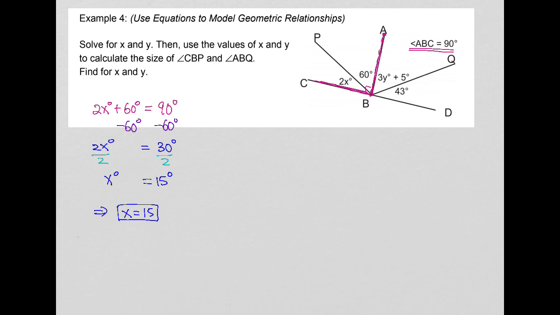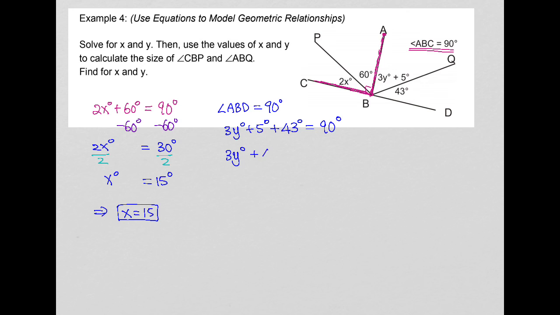Now, let's figure out how we find y. Because the angle ABC is 90, and the whole thing is actually 180, that means angle ABD must be another 90 degrees. That means 3y degrees plus 5 degrees plus 43 degrees is going to be 90 degrees. Simplify it, collect the like terms.